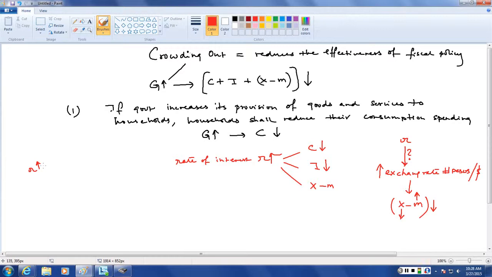Now, I'd like you to think very simply of a market for dollars. So this is a foreign exchange market. So this is a market for dollars.